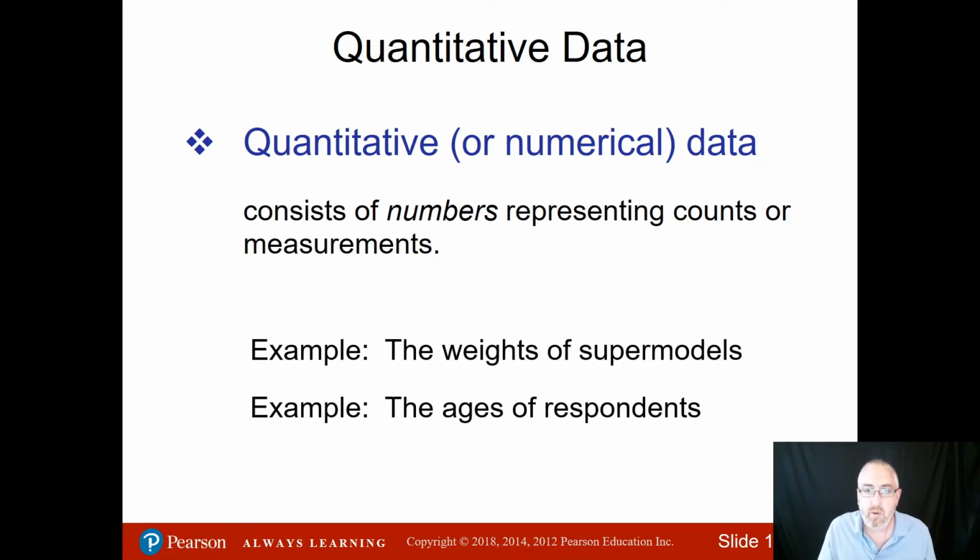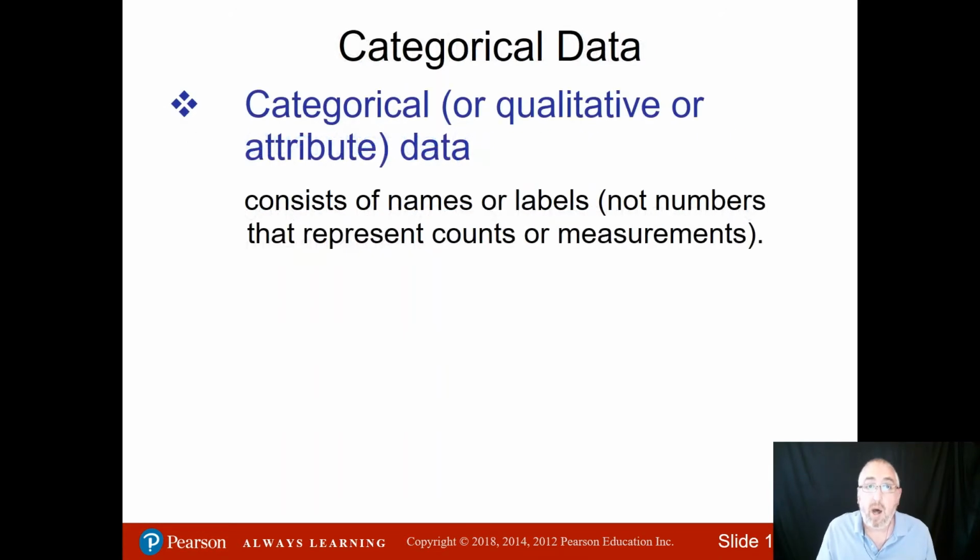So all numbers. On the other hand, we could have categorical or qualitative data, which consists of names or labels, not numbers that represent counts or measurements. It has a quality to it, but it doesn't have a quantity to it. That's a way you can keep those two terms straight in your head.